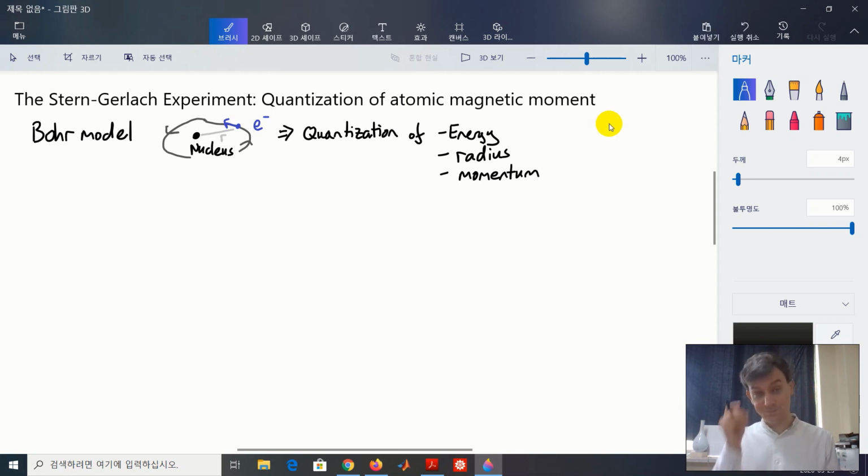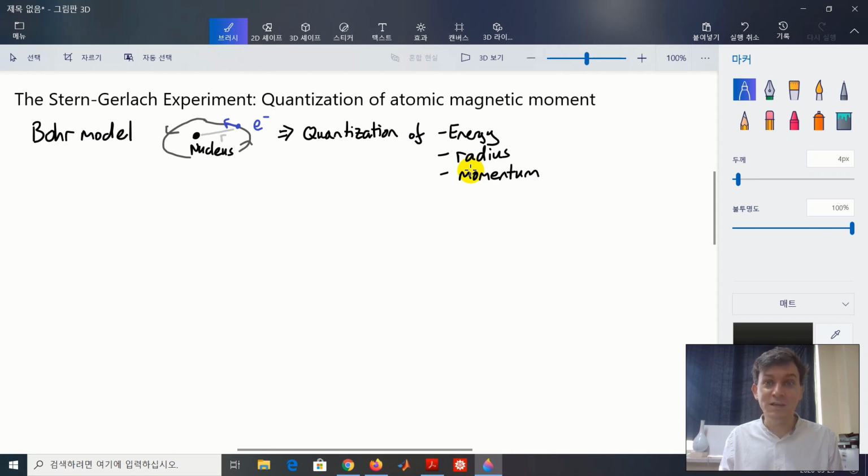We also have quantization of momentum, because we saw the momentum of the electron is related to its orbital radius in this example. I will just say that although the Bohr model gets the quantization of energy for hydrogen very nearly exactly right, it doesn't get the quantization of radius and momentum completely correct.